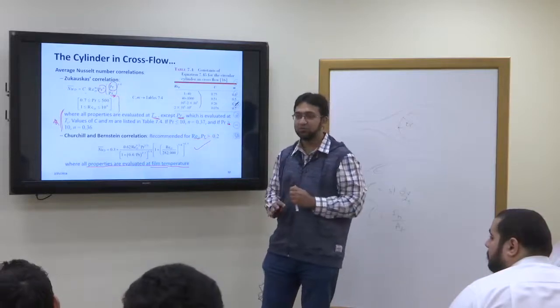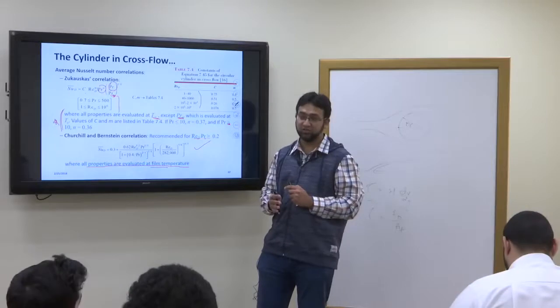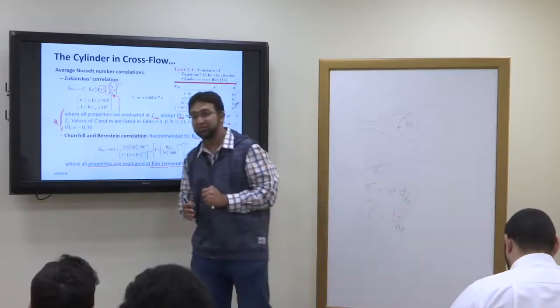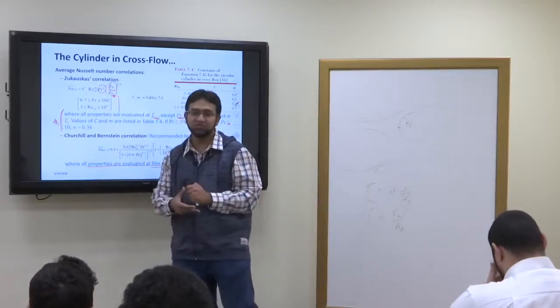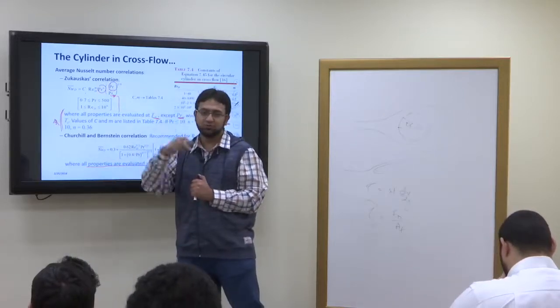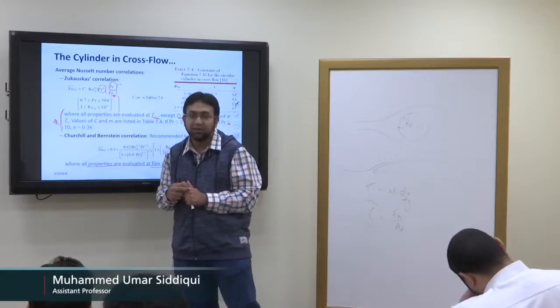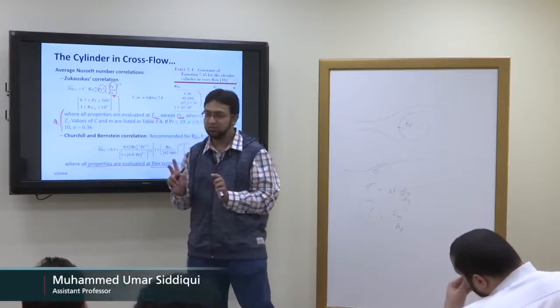But you have to check the validity. Suppose it is not valid, then your answer will be that we cannot use this correlation because the conditions are not valid. Is it clear?